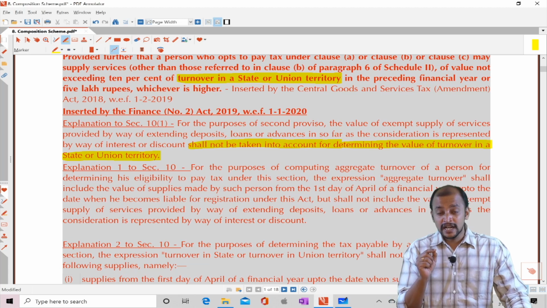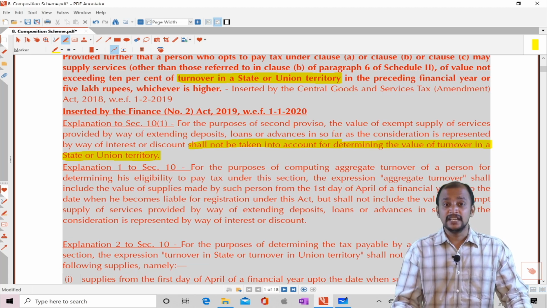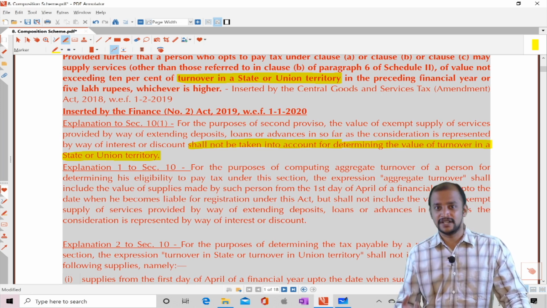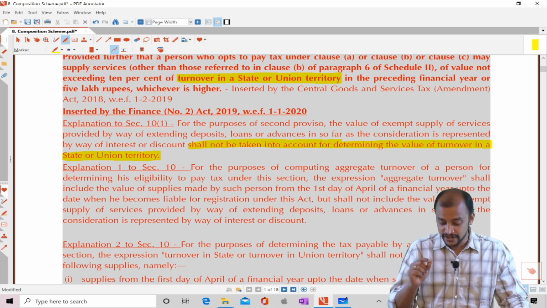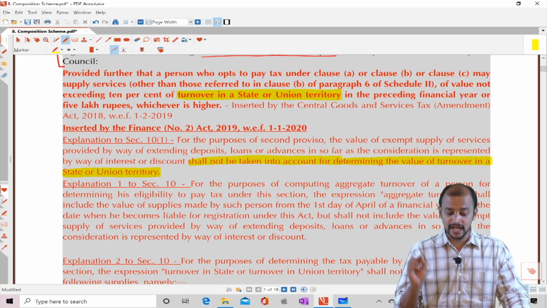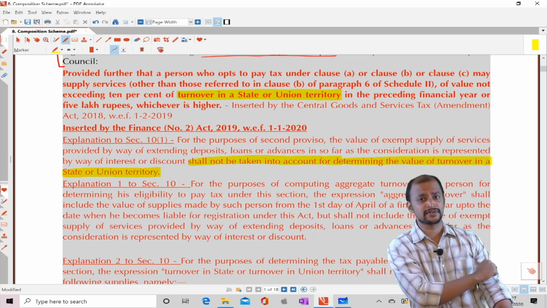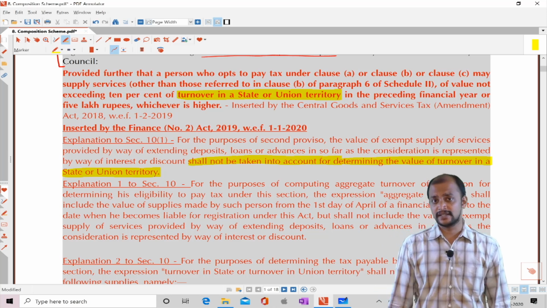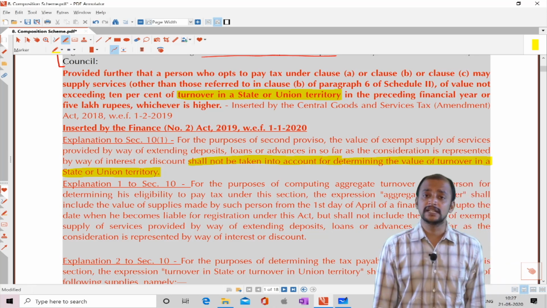Now, when you are rendering these services, even that could be taxable services or exempted services, both there is a limit. Please check. Provided further that a person opting to pay tax under clause A or B or C may supply services is the word used, not taxable services.